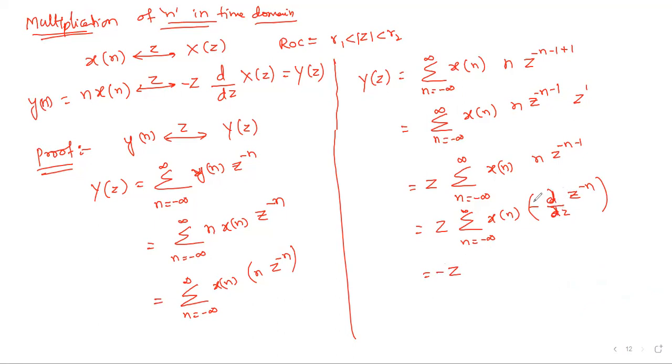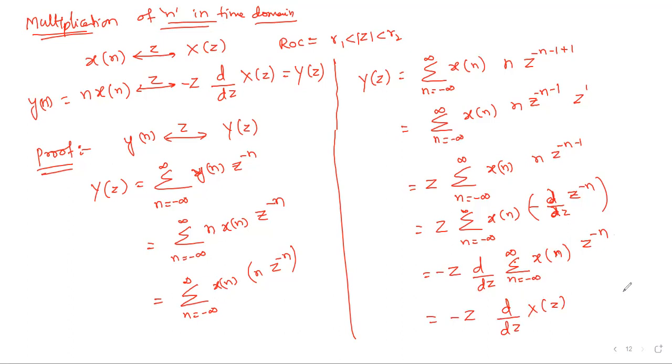If you send this derivative out of the summation, it becomes d/dz of summation of x[n] z^-n. What is this? This is X(z). So Y(z) = -z d/dz of X(z).